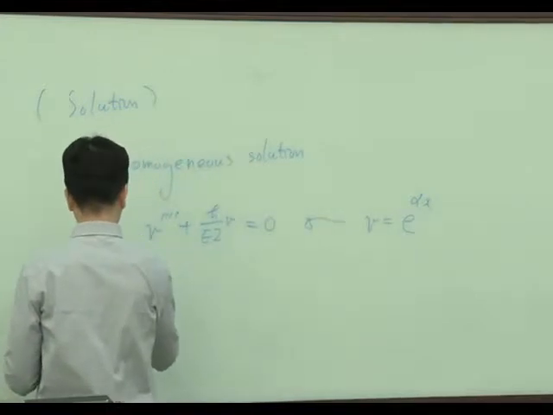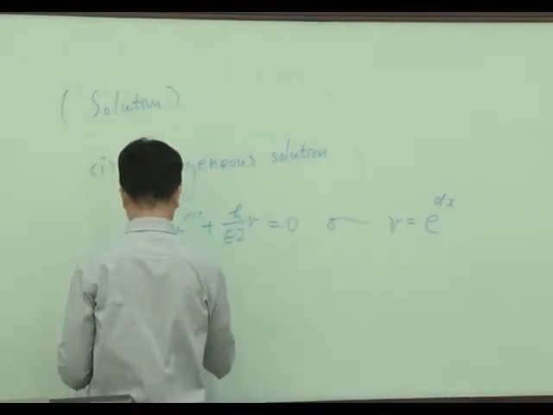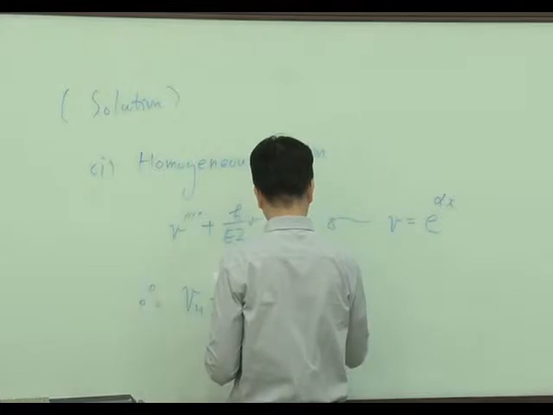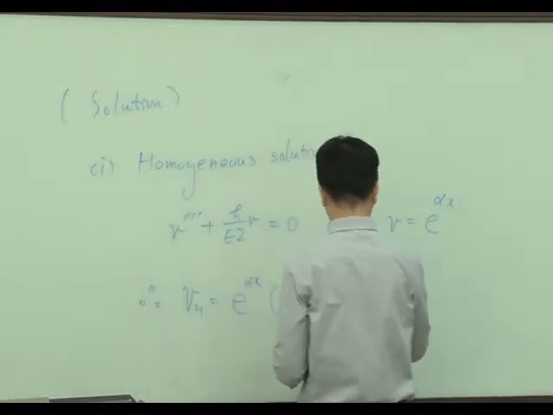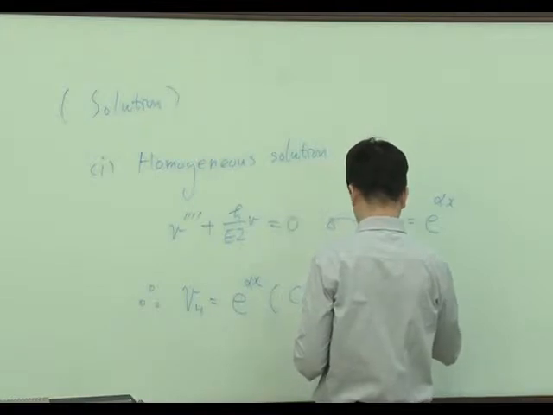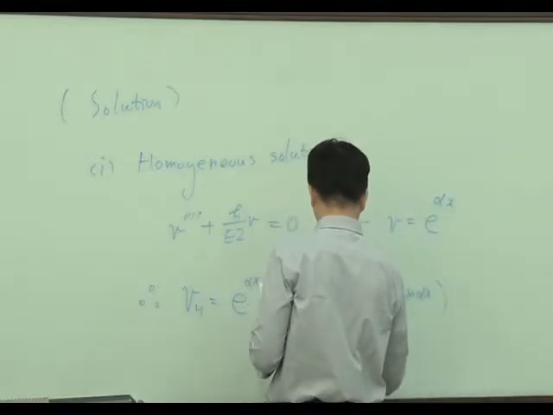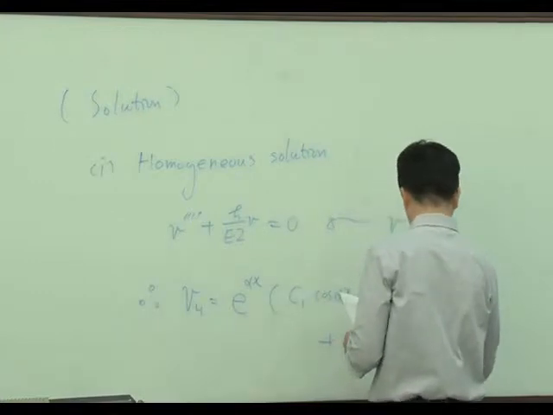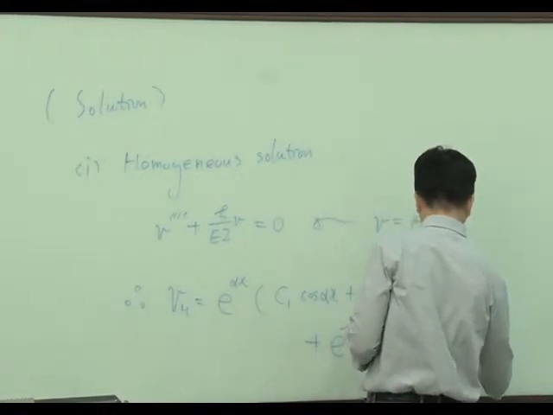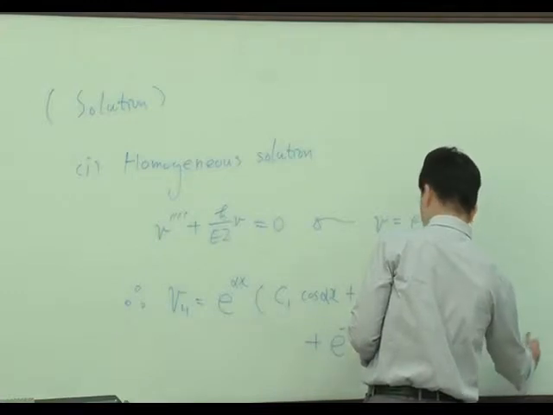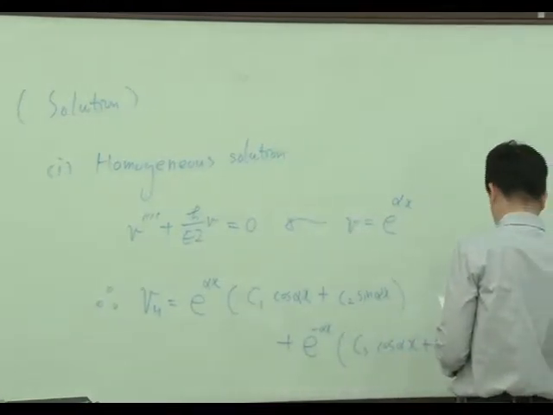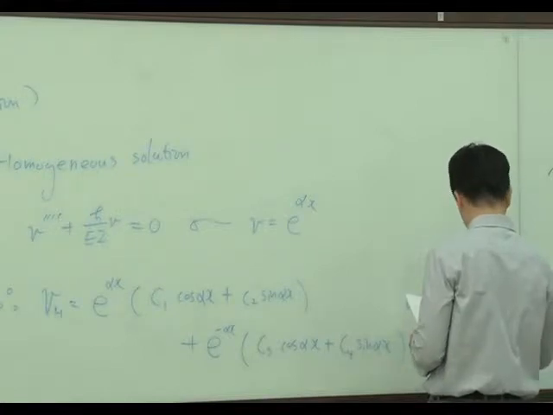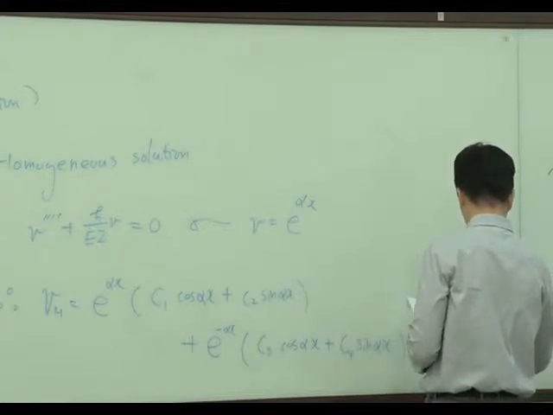Then we can have a homogeneous solution v_h equals e^(alpha x)(C1 cosine alpha x plus C2 sine alpha x) plus e^(minus alpha x)(C3 cosine alpha x plus C4 sine alpha x), with alpha equal to the fourth root of K over 4EI.